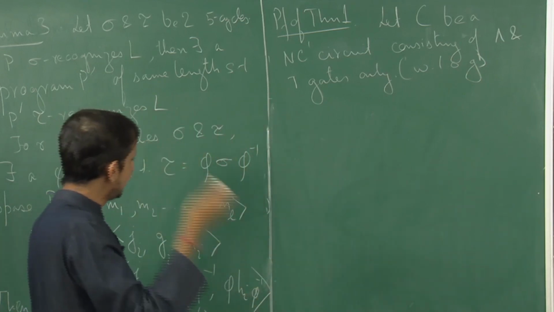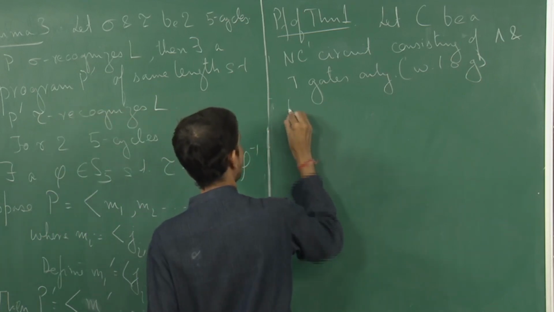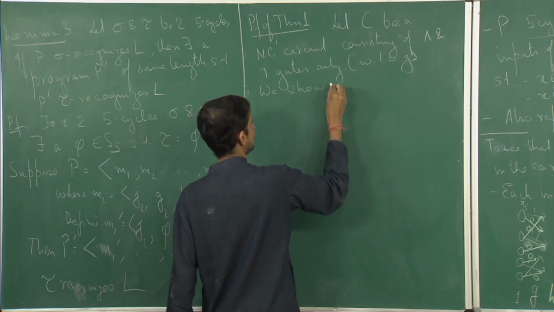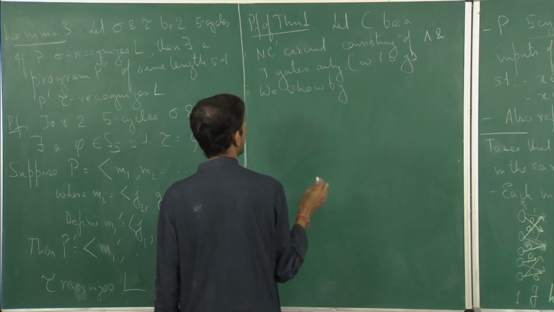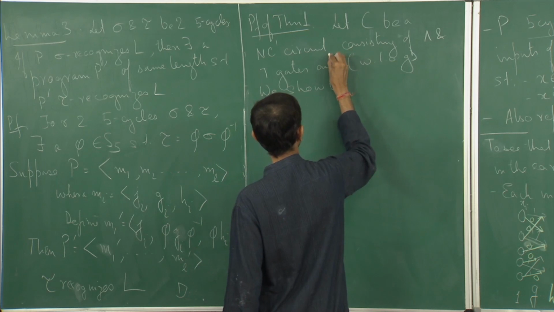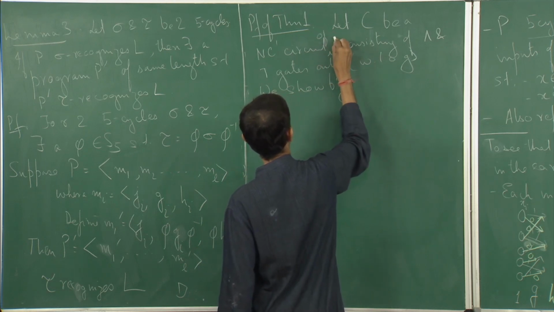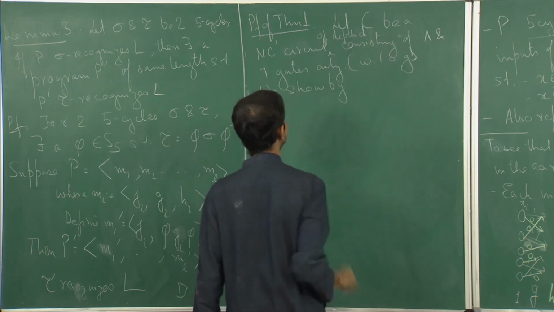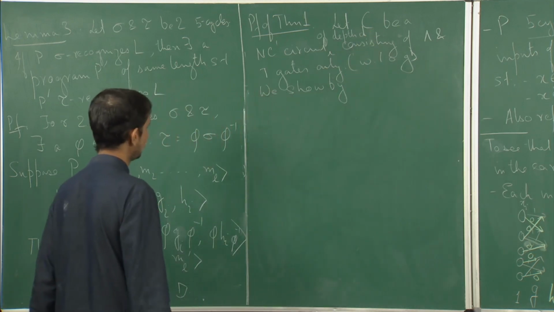Now, what we do is that we show, let C be an NC1 circuit of depth D, consisting of AND and NOT gates.